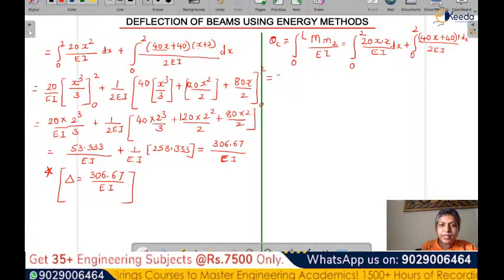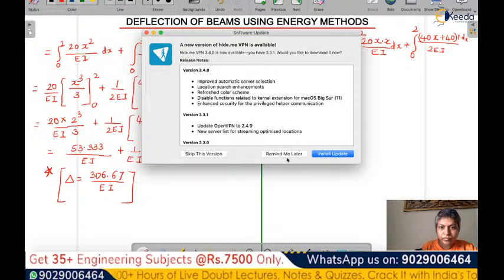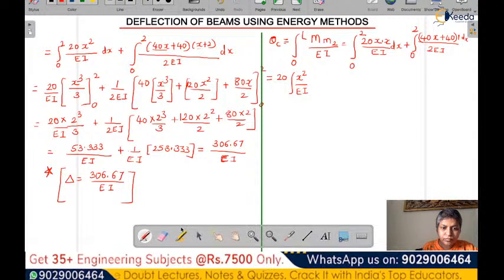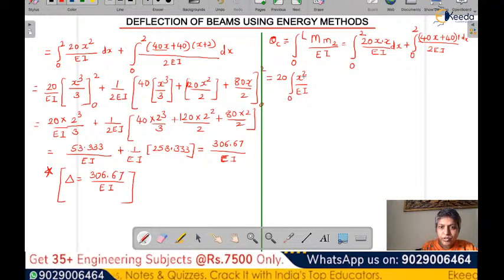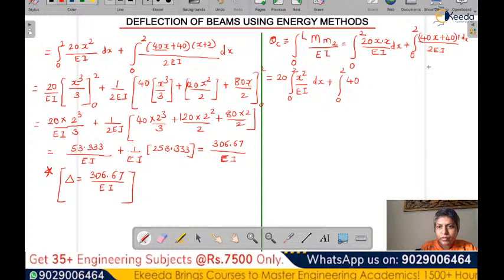So we can rewrite this expression as 0 to 2, 20 into x square by EI dx, plus 0 to 2, 40x plus 40 by 2EI into dx.